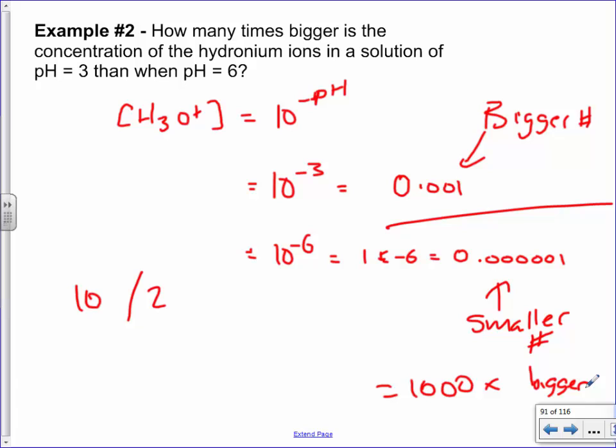Actually, one more point I should make here. Even in the most concentrated of acids, you will still find a small presence of hydroxide. Let's say that one more time. Even in the most acidic of acids, you will still find hydroxide. Just like that sliding scale. If water is like this, if you have an acid that's way up here, you will still have a little bit of hydroxide left.